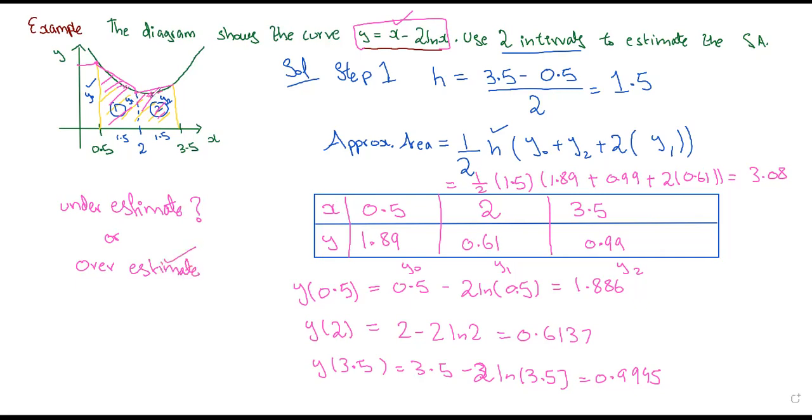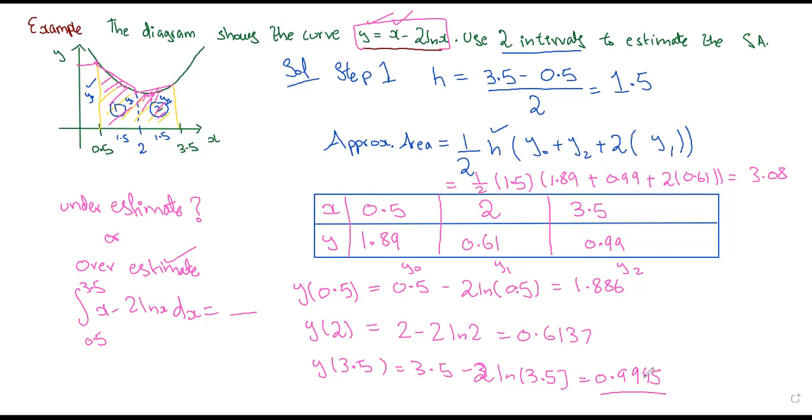Excellent. So it's an overestimate, but obviously you would not be wasting your time in drawing and checking, because you would never be able to check it correctly through your drawings without the scale graph. You will use this equation. You will calculate the area by integrating x minus 2 ln x from 0.5 to 3.5, and then compare it with this answer.